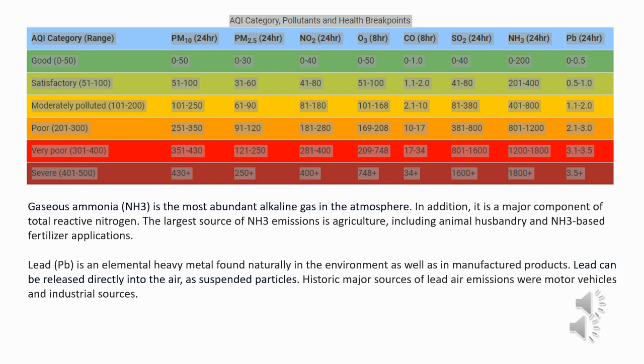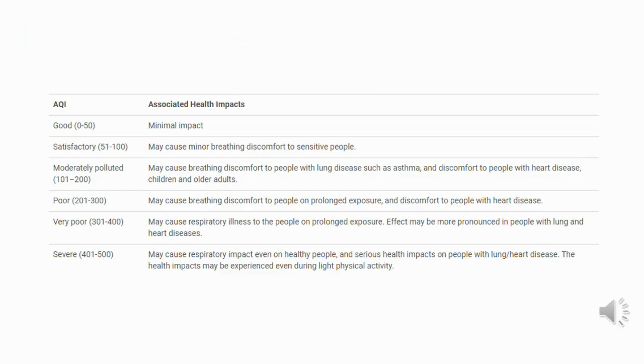Now let's see how it is actually considered during the measurement of a specific city or location that you live in or are planning to visit. Good means minimal impact, satisfactory means it may cause breathing discomfort for sensitive people.